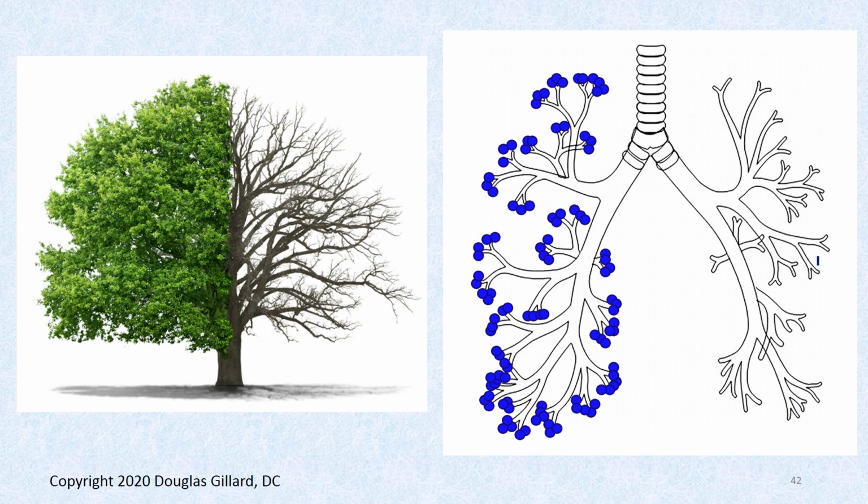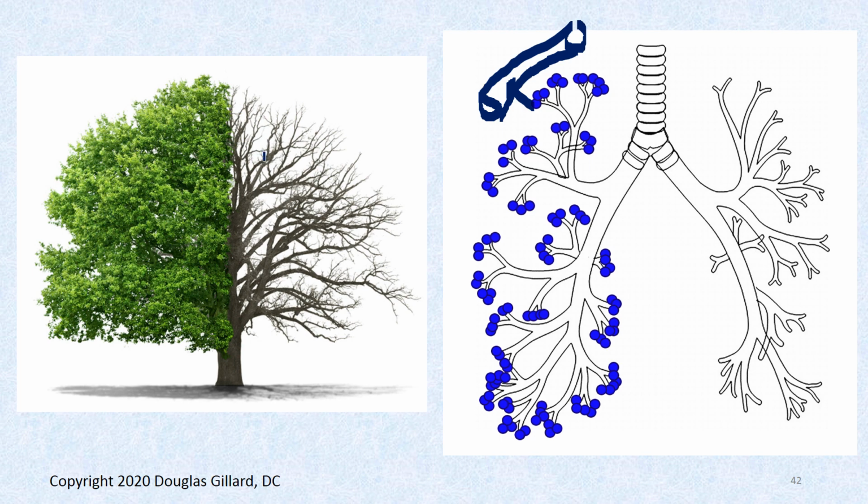All right, and remember the tracheobronchial tree, of course, and just like a tree, we have leaves. Those are the alveoli. There's a blood vessel coming by here. It dumps off CO2, and oxygen has to be passed into these things. They're just like the leaves on a tree. Like this beautiful tree, this half of the tree is alive.